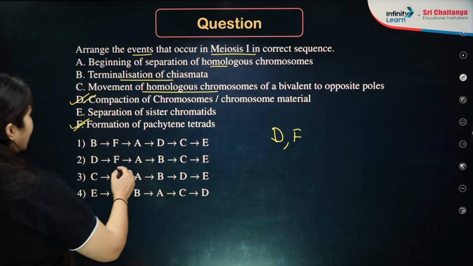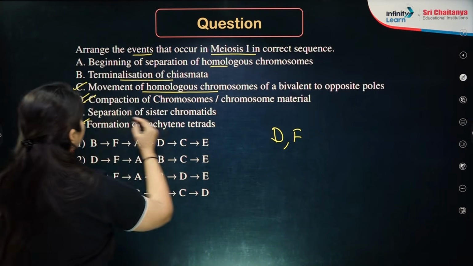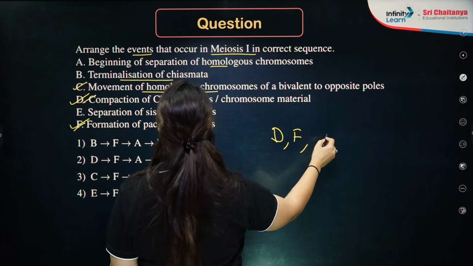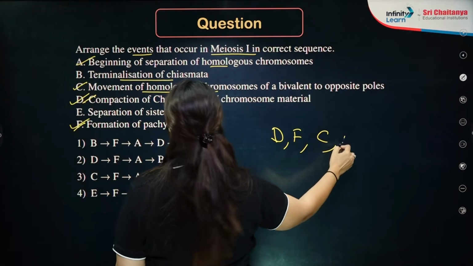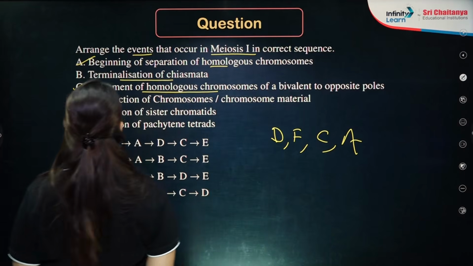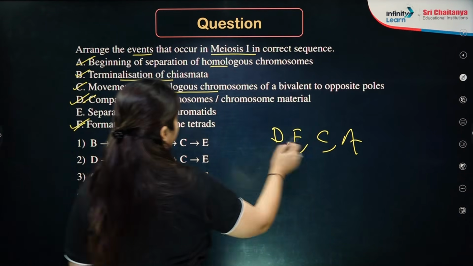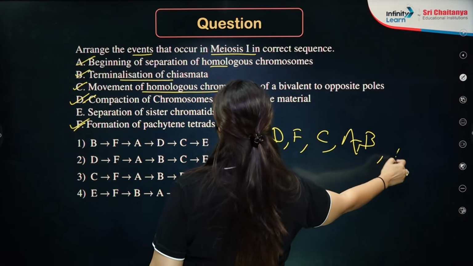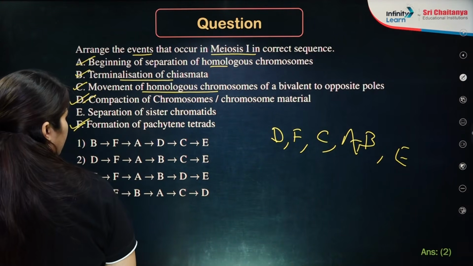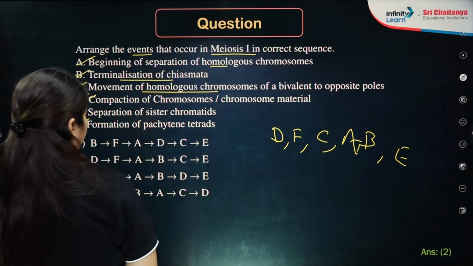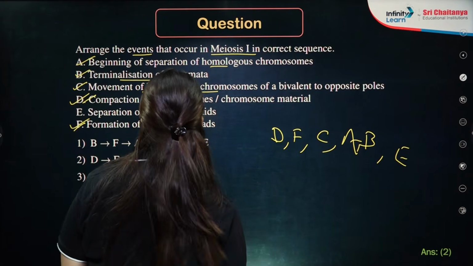Then movement of homologous chromosomes to the opposite poles. Then beginning of separation. Then there will be terminalization of chiasmata, and then separation of sister chromatids. So answer has to be option number 2.